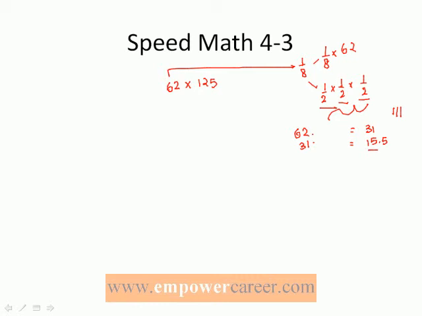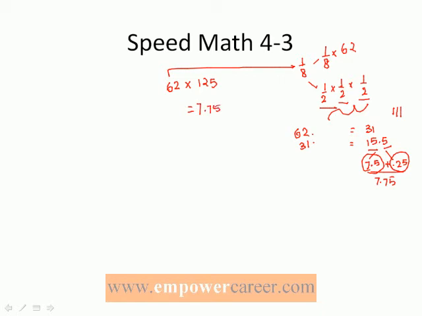All you need to think is you must be able to segregate these two. Half of 15 is 7.5 and half of 0.5 is 0.25. So all you need to do is add them up. It's 7.5 plus 0.25. That gives me 7.75. So I have the number 1/8 of 62 is 7.75.